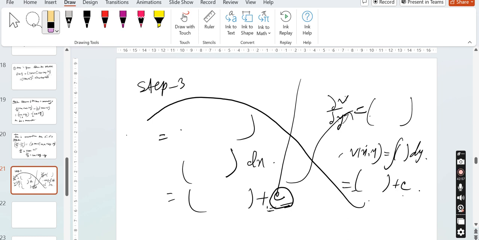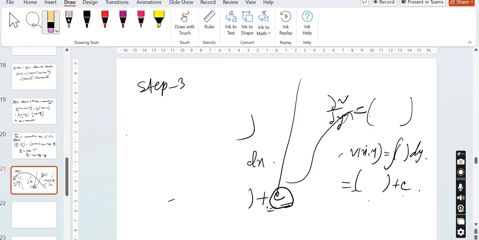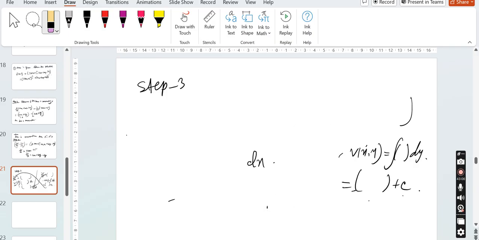Let me give you an example where I'll do it in the first way. Every way will give you the same answer, the same constant value at the end.